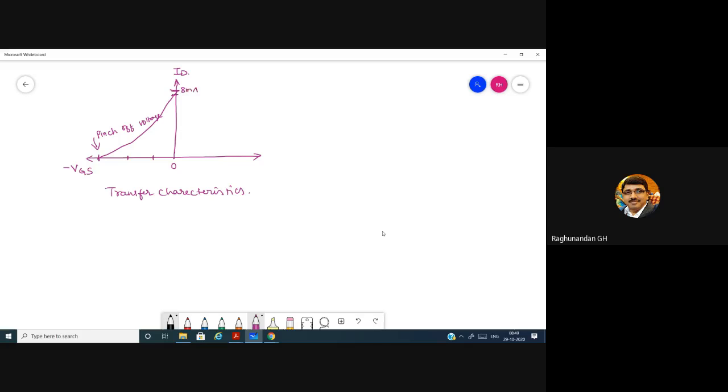It was increasing. Okay. Suppose if I am going to forward bias that, was there any chance to increase the drain current beyond 8 milliamperes there?